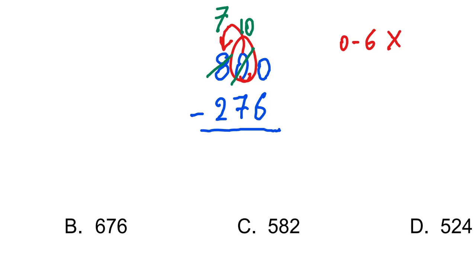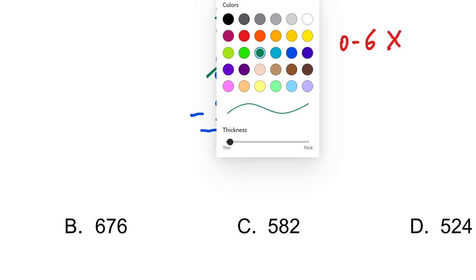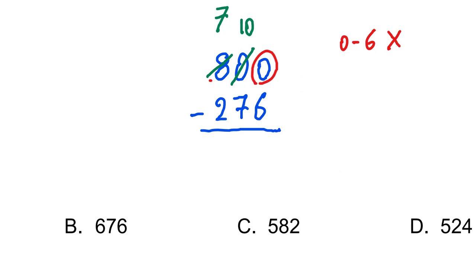And now this 0 can ask the 10. So the 10 will be 9, and this 0 will be 10.